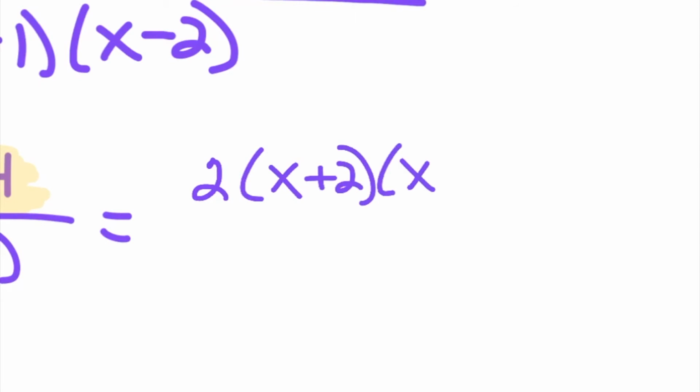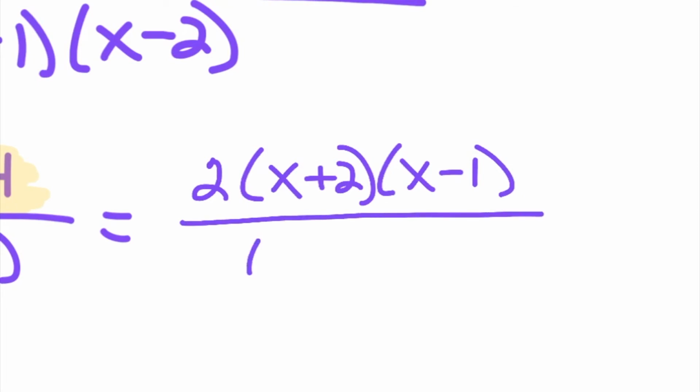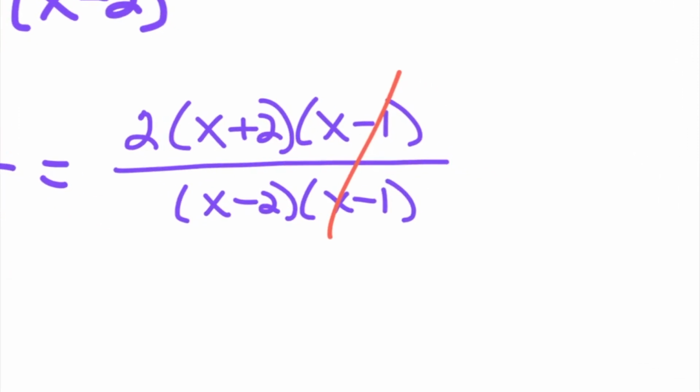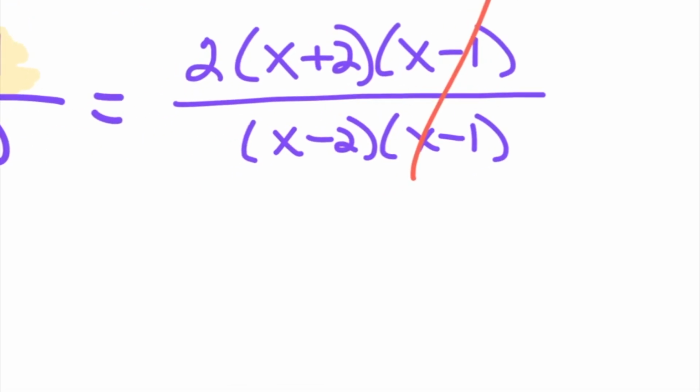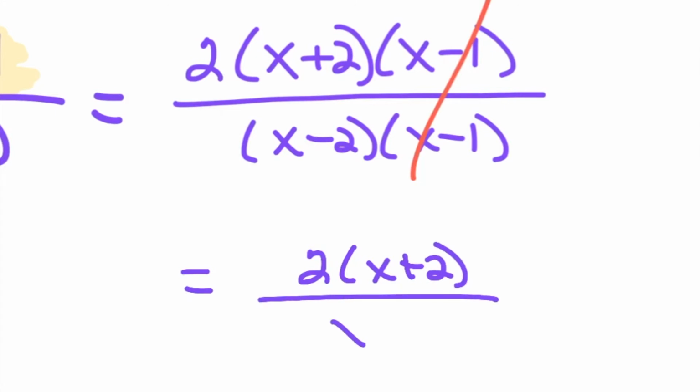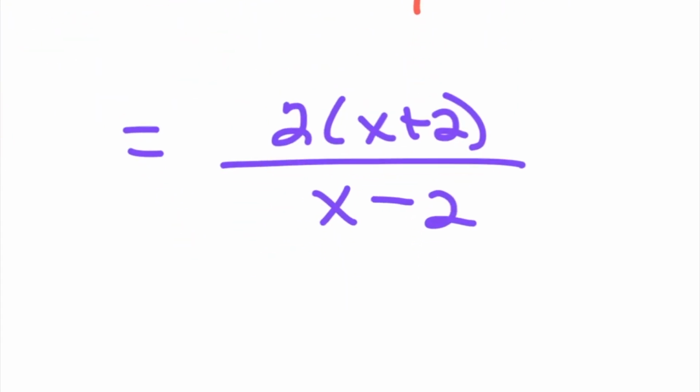So what you end up with is in the numerator 2 times x plus 2 times x minus 1, all over my common denominator, which is x minus 2 times x minus 1. Oh, and look, I've got stuff that cancels, and so my final answer for this problem is 2 times x plus 2 in the numerator and x minus 2 in the denominator.